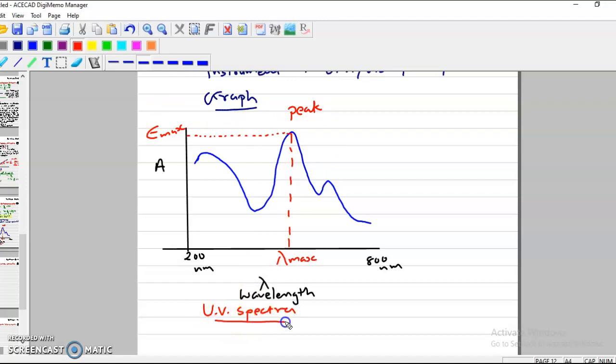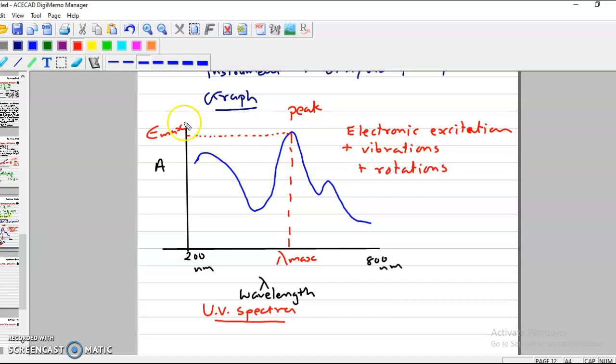Basically, in this spectra, we observe not only lines due to electronic excitation, but also due to vibrations and rotations.